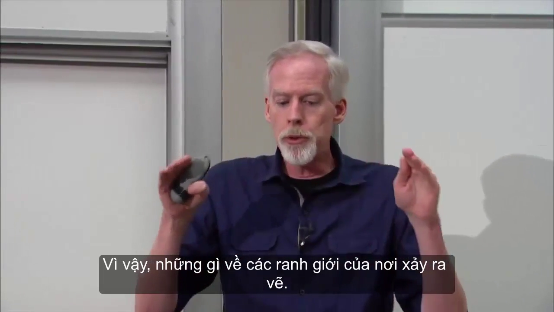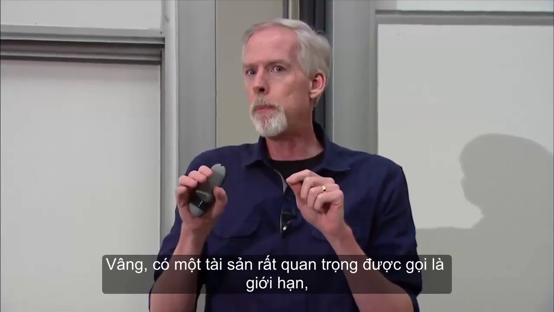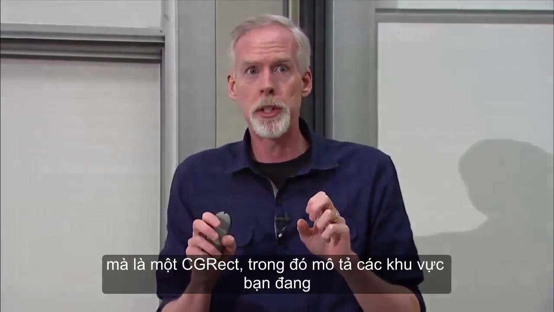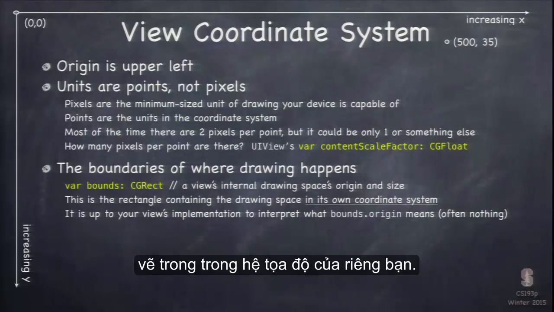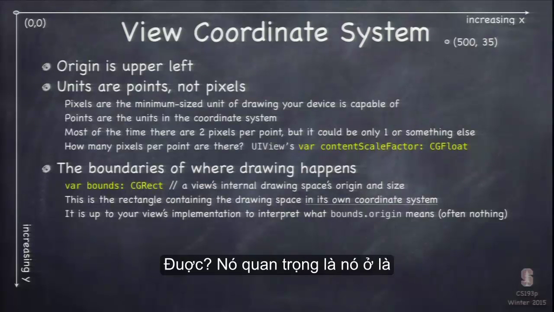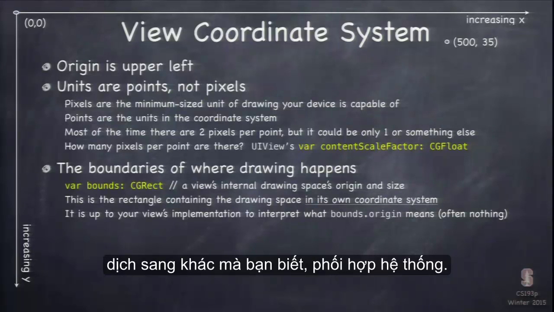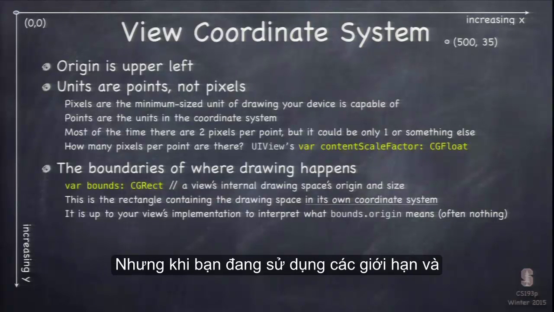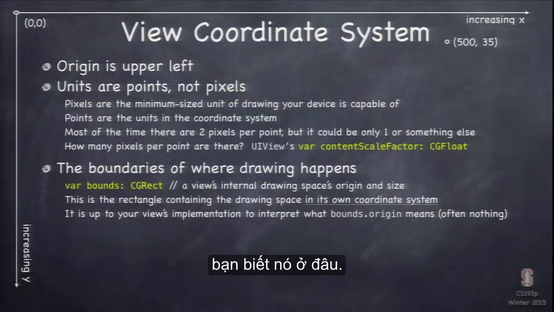So what about the boundaries of where drawing happens? You've got this rectangular area. Well, there's a very important property called bounds, which is a CG rect, which describes the area you're drawing in, in your own coordinate system. Okay? It's important that it's in your own coordinate system because these views can be scaled and even rotated and translated to other coordinate systems, but when you're using the bounds and you're drawing yourself, you have this rectangle, you know where it is.